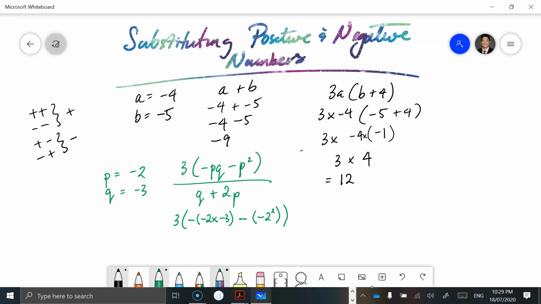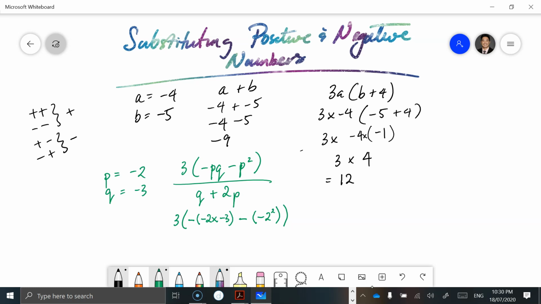Now that looks really weird, but I'll explain why. The -2 here, which is p, is squared, not this minus p. I just want to make sure that things are collected properly in their position, and that we don't apply the wrong rules and operations to certain terms.